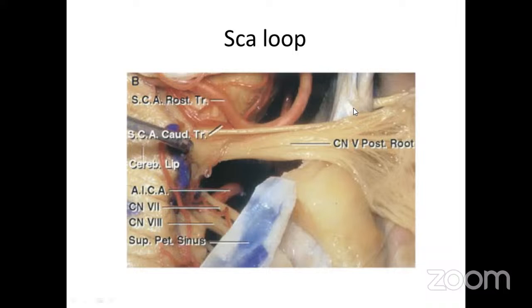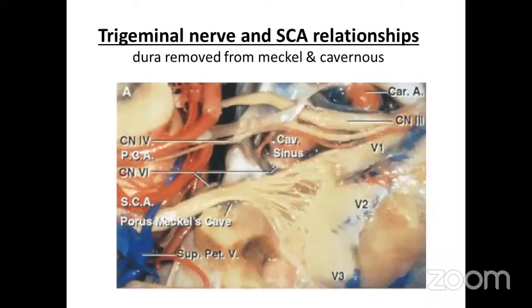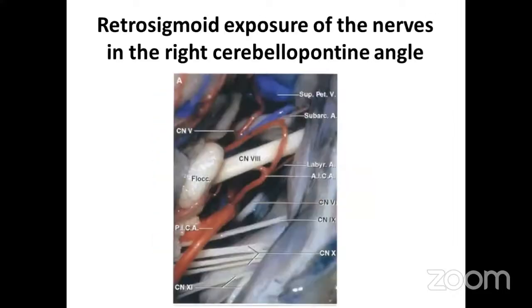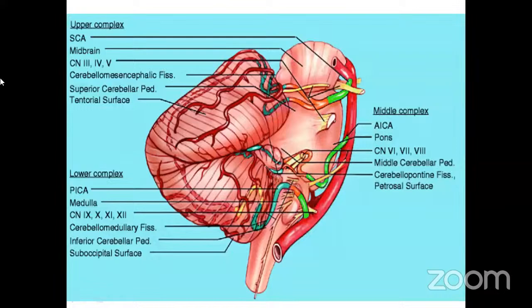You explained the superior complex in the CP angle, so why are you showing the fifth nerve? Where are the fourth and third nerves? Sir, I have told about the fourth nerve too, but because this is the major one and its relations are important, therefore I'm describing more and focusing on it. Is the third nerve seen in the CP angle? Absolutely, yes sir. Third, fourth and, if we see from the front, which nerve goes? Sir, the oculomotor goes from the front. That will not be seen.